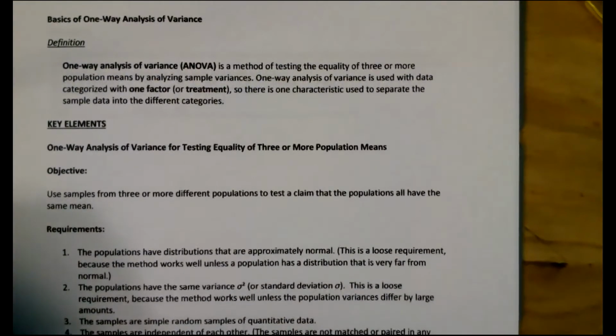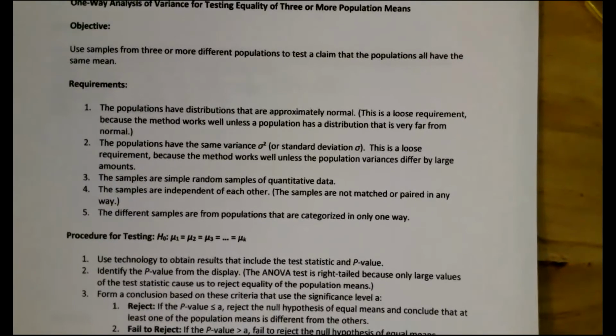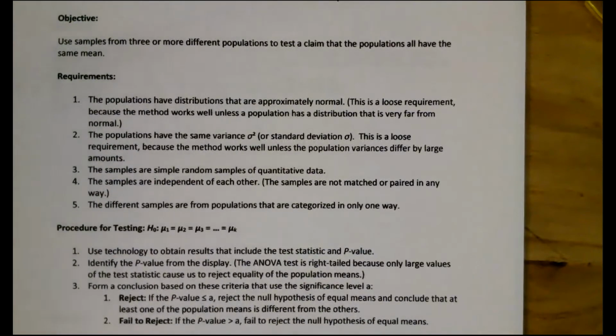Now, in this case here, we have requirements. Number one, the populations have distributions that are approximately normal. Now, this is a loose requirement because the method works well unless a population has a distribution that's very far from normal. And then number two, the populations have the same variance, which is sigma squared, or the standard deviation, which is sigma.